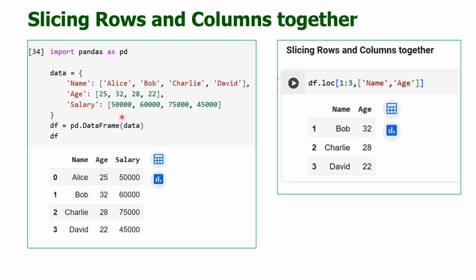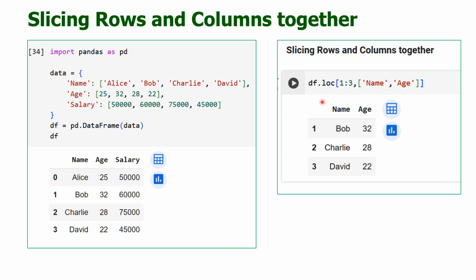Now let us see another example where we can slice both rows as well as columns together. So here df dot loc of 1 colon 3, that means we are interested in only the rows having the indices 1, 2 and 3, and also the columns name and age.